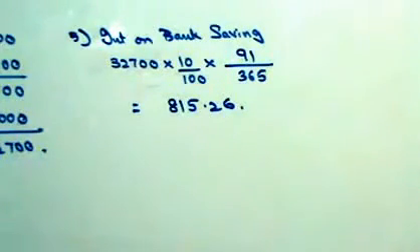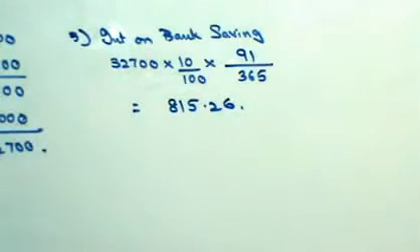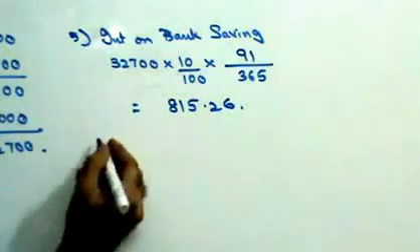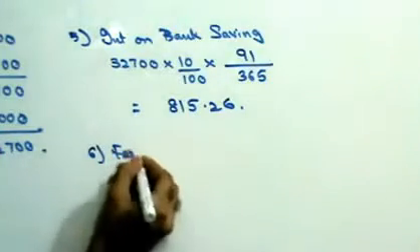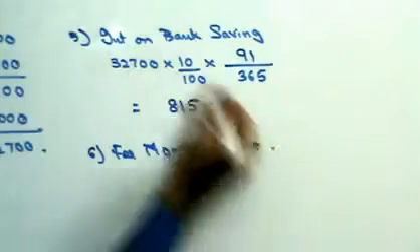Now out of that, how much should be due for the month of June? This is my quarterly interest. If I have deposited in the month of May from 1st June, this much interest is due for the first quarter. When will my first quarter end? If I am depositing the money on 1st June, 1st July, 1st August, 1st September, that means by end of September I should get 815.26. In that case, for the month of June, how much interest should I get out of this?